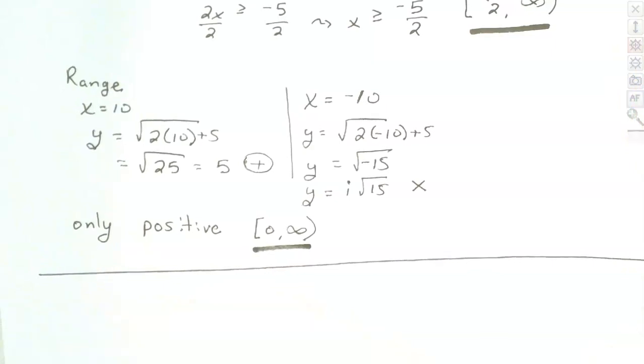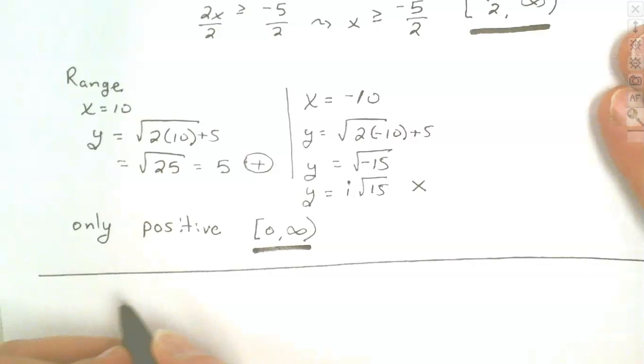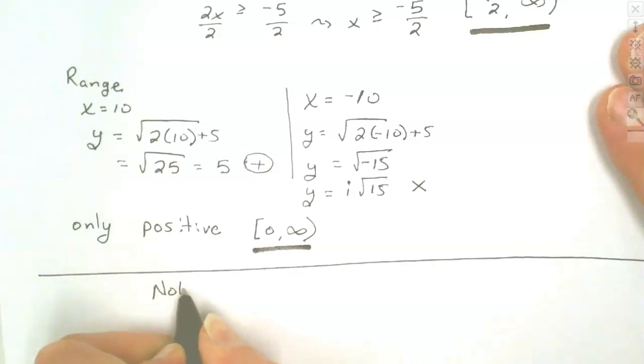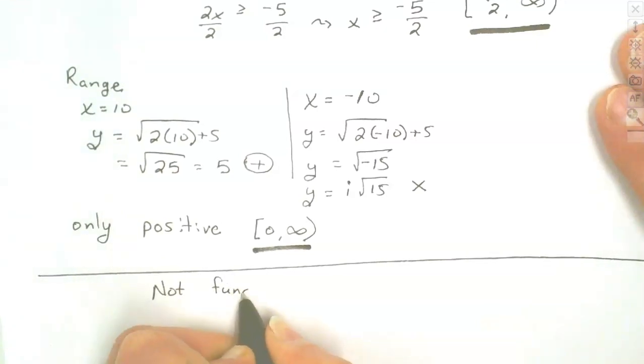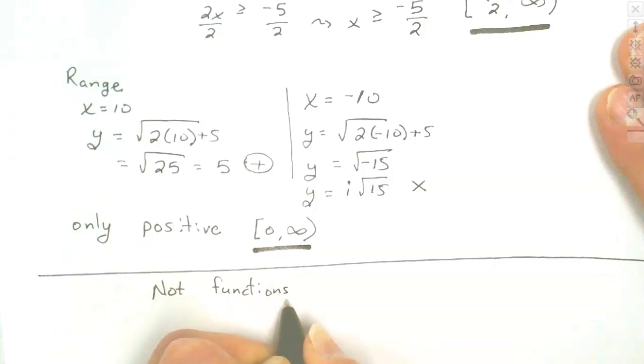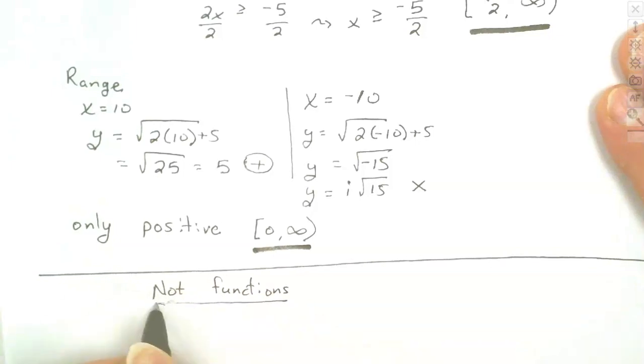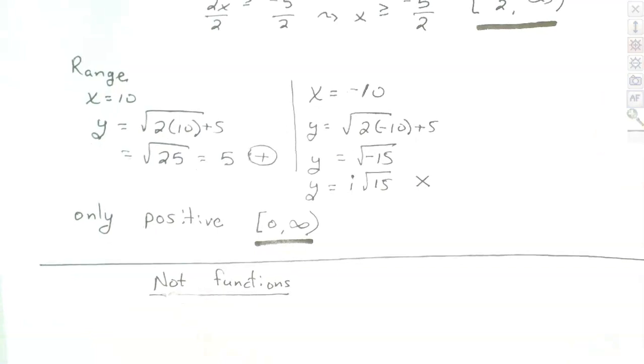Now we're going to quickly look at things that are not functions. We're only going to do one of these because I only gave you one of them in your homework.